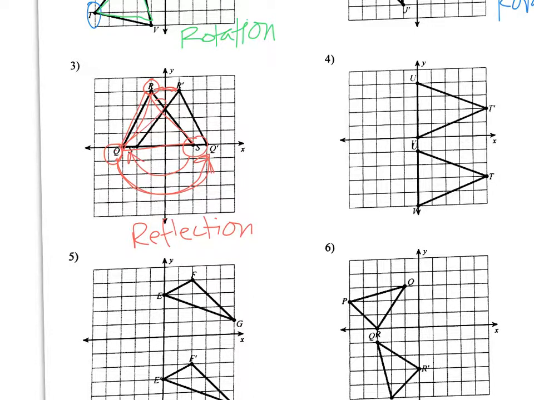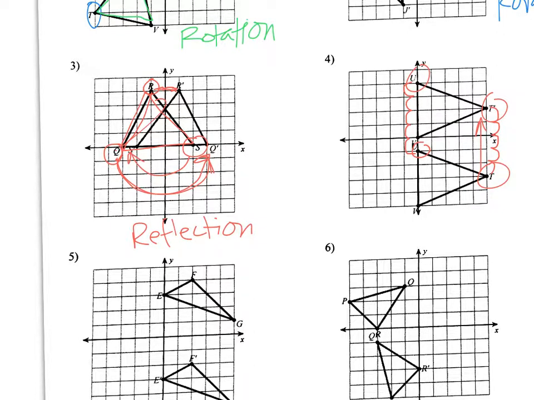Okay, let's take the next one. T prime. Okay, it looks like it's been slid. Let's count. 1, 2, 3, 4, 5. Okay, here's U. Here is U prime. I know you can't see the apostrophe. It's in the little line. Let's count. 1, 2, 3, 4, 5.